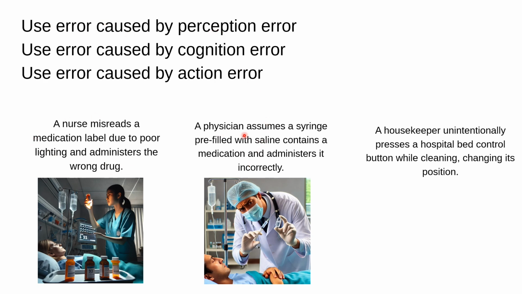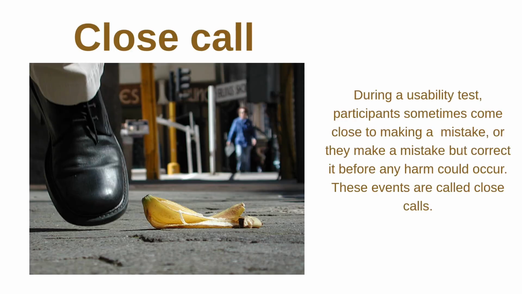Next, a physician assumes a syringe is pre-filled with saline, and if they administer it to the patient, it is a cognition error. Then action error is like the one we discussed earlier: the housekeeper unintentionally presses a hospital bed control button while cleaning, changing its position. Right. So these are all the use errors.